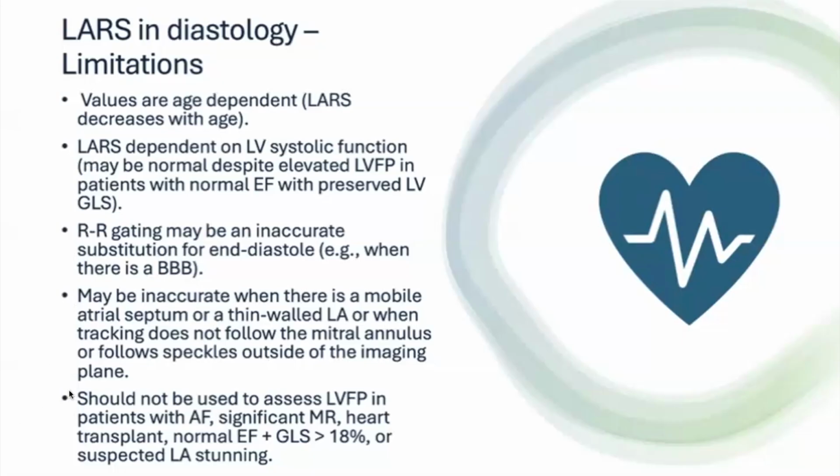And then lastly, we're still not free from the challenges of assessing diastology in patients who have atrial fibrillation or significant mitral valve disease. And so this isn't a cure-all for those issues either that we already deal with a lot of the conventional variables.